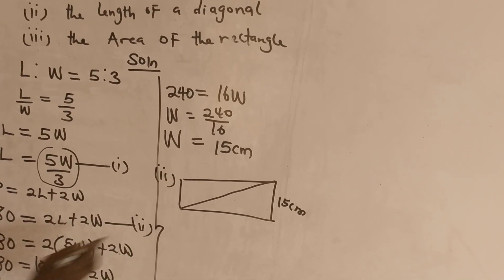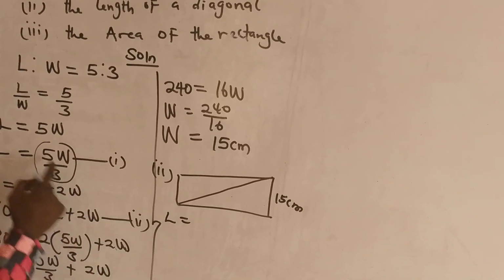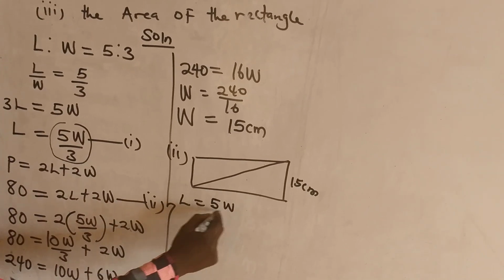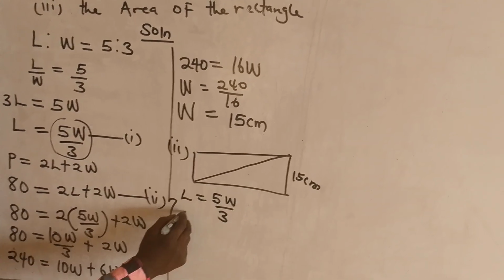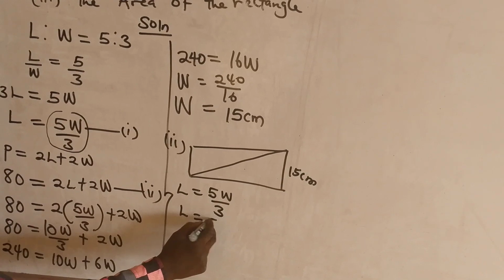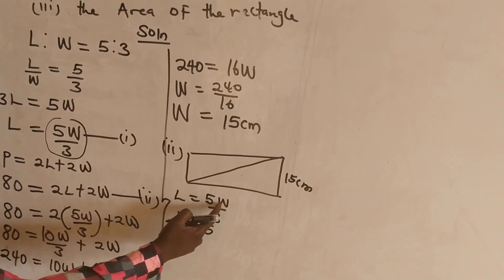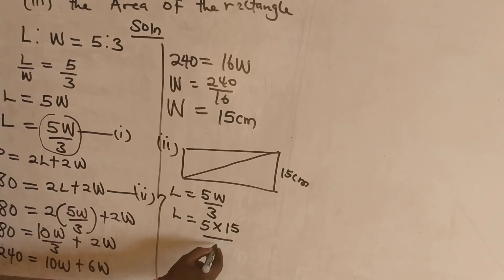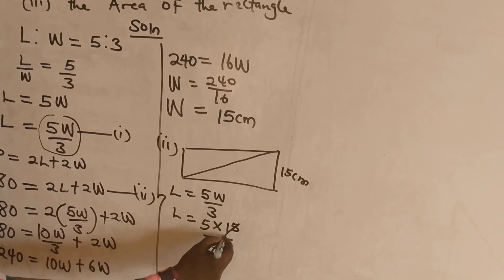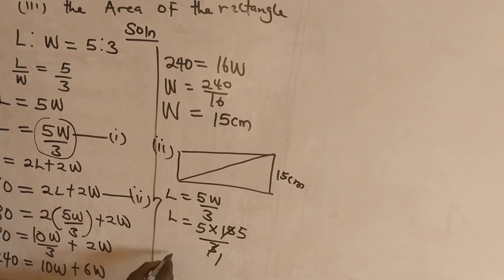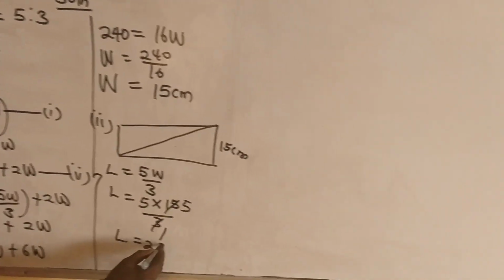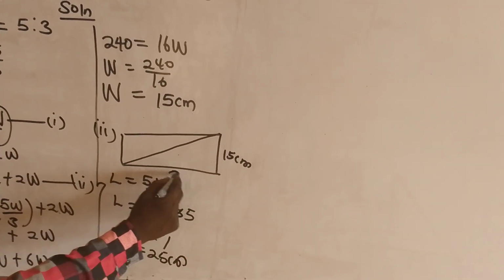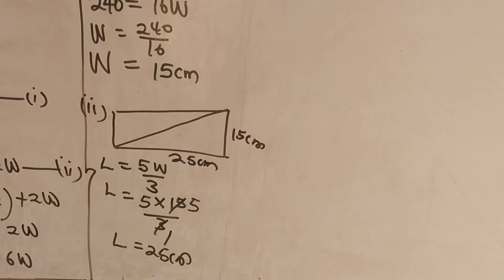In equation 1, L equals 5W over 3. Anywhere I see width, L will be 5 times 15 over 3. 3 into 15 is 5, so our length is 25 centimeters. This place is 25 centimeters.